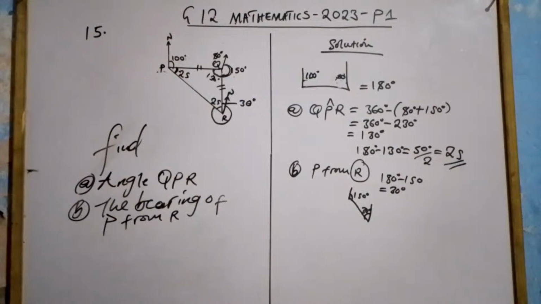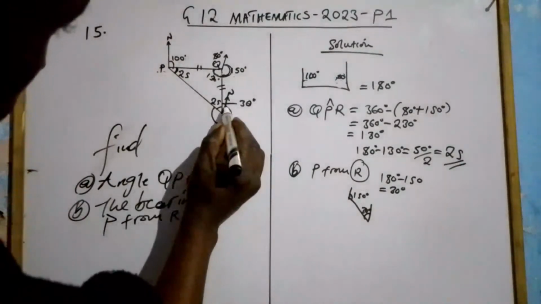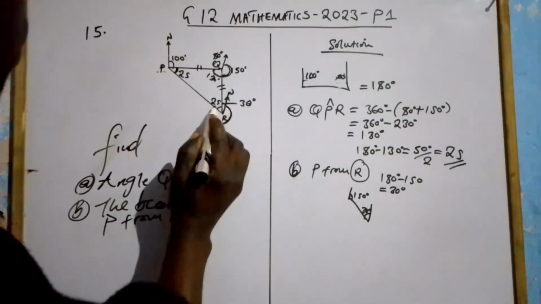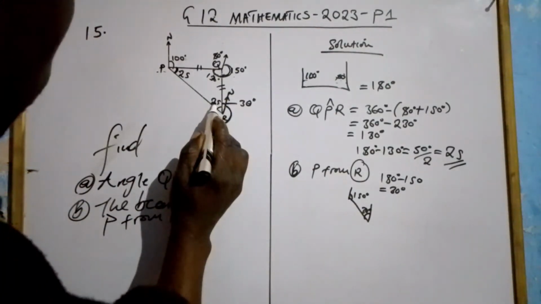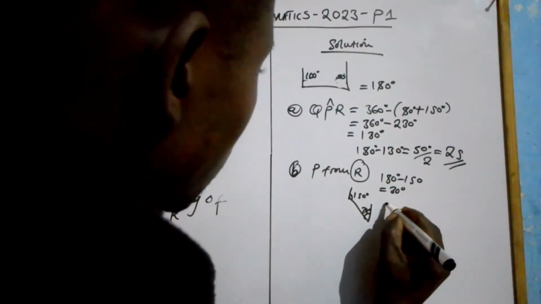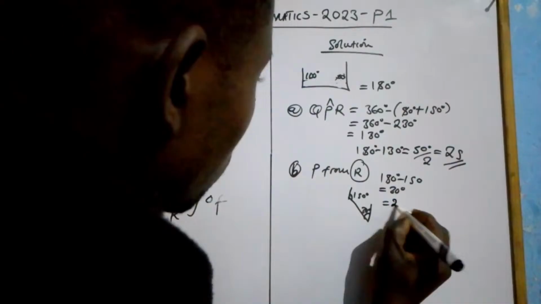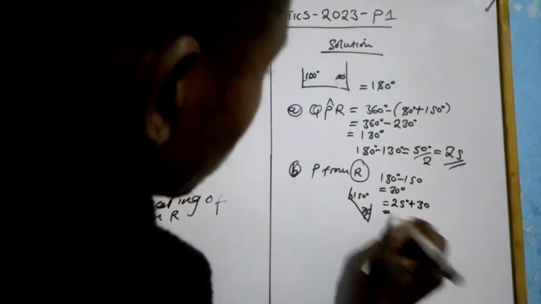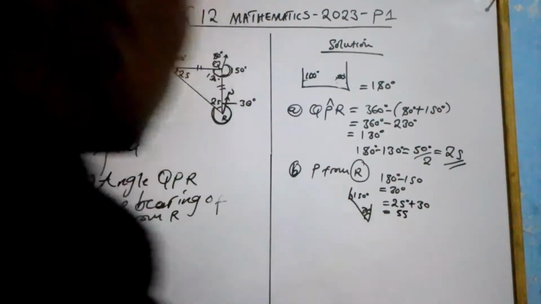And what we are interested in is this bearing from R to P. So for this angle, you're going to add 25 plus 30. So you're going to say 25 degree plus 30 is equal to 55.